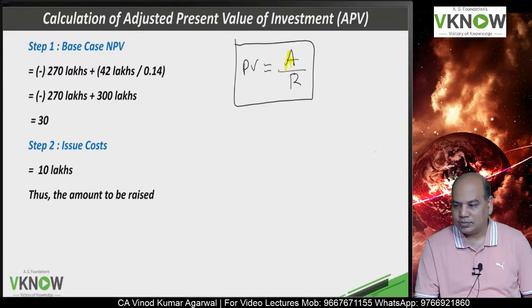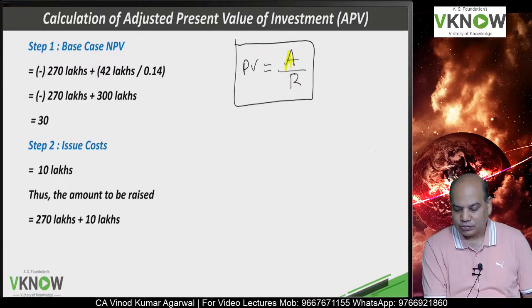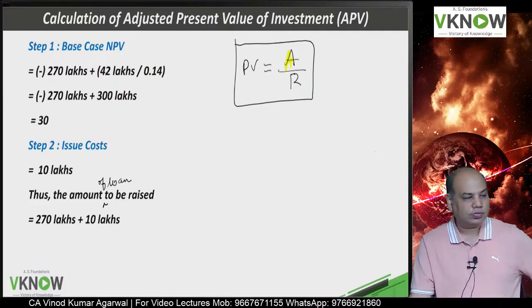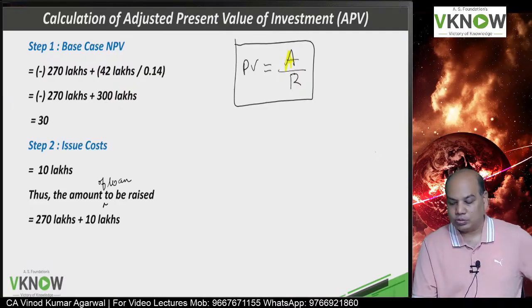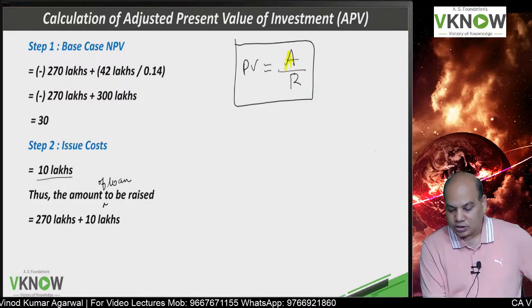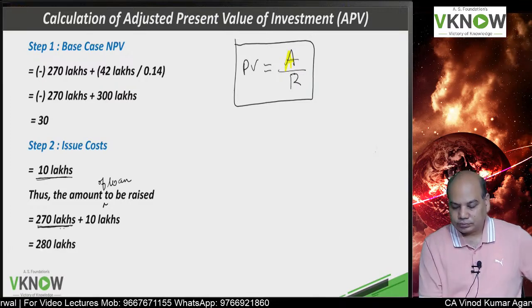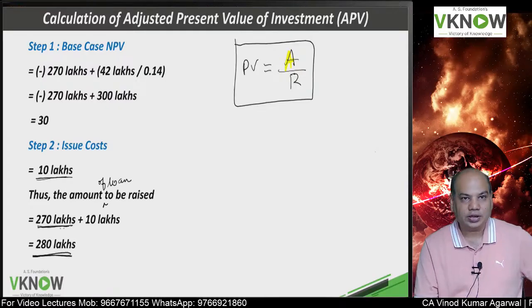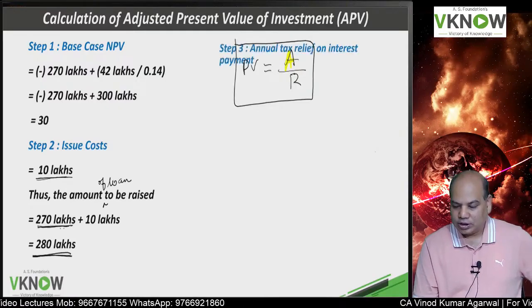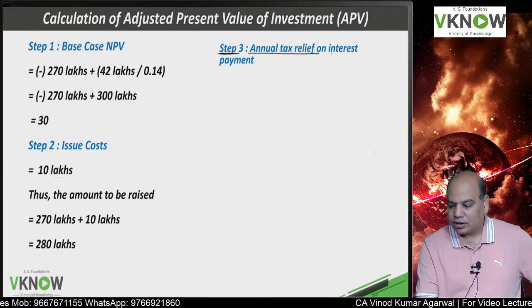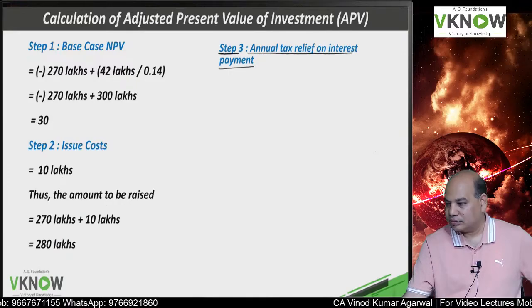Now write down: the amount of loan to be raised is equal to the project cost of 270 lakh plus 10 lakh issue expense, so total funds to be raised by issue of debt is 280 lakh. Then write down step number 3, annual tax relief on interest payment.